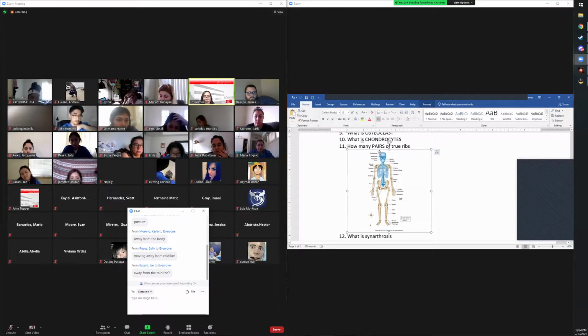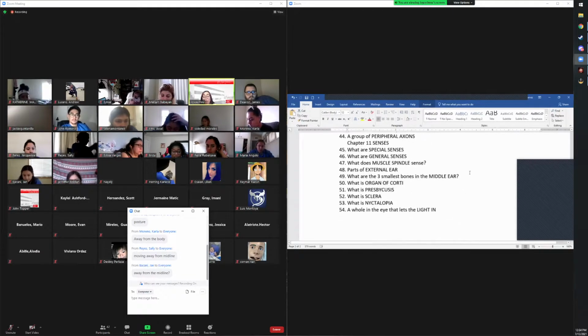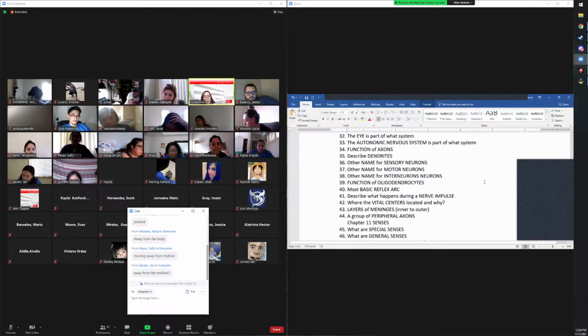So this arm, if it moves this way, is abduction, right? Abduction, like child abduction, you're taking it away. Movement away from the midline is abduction, right?